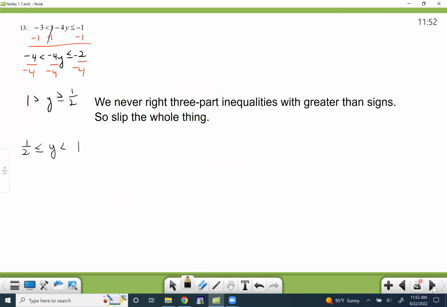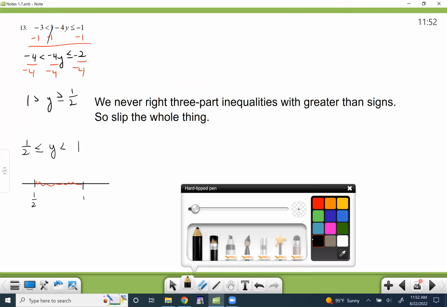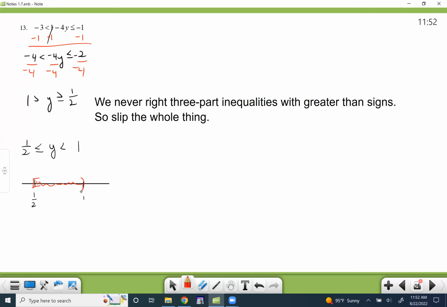All right, so then we graph this. If we graph this, we've got 1/2, 1, between. We will put a square bracket on the half and a parentheses on the 1.